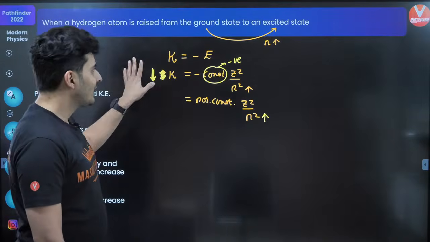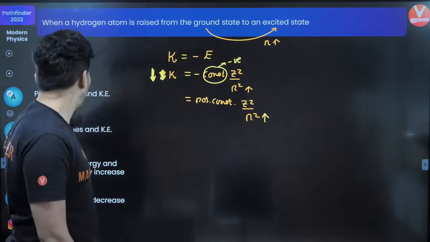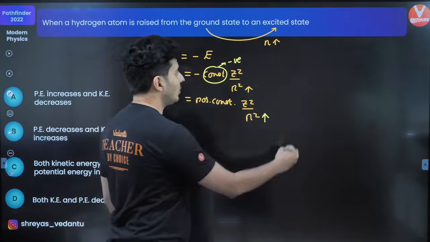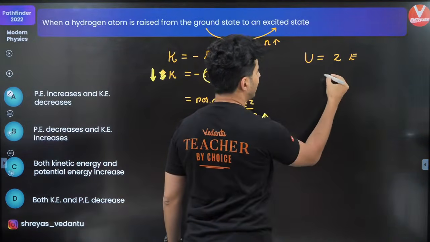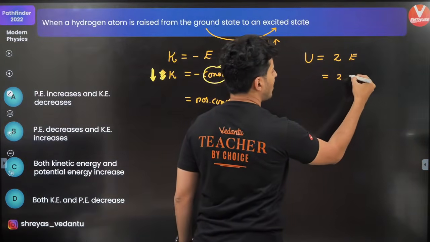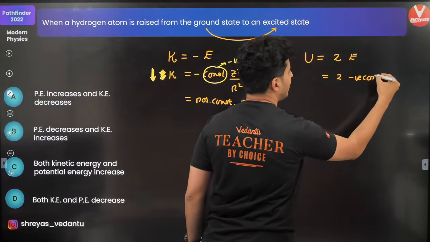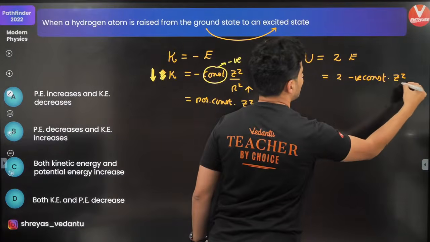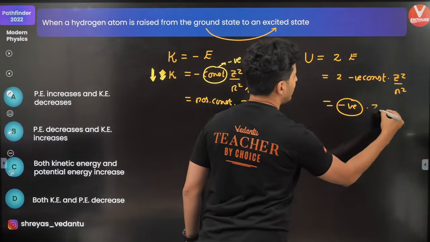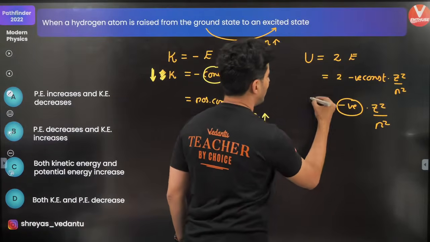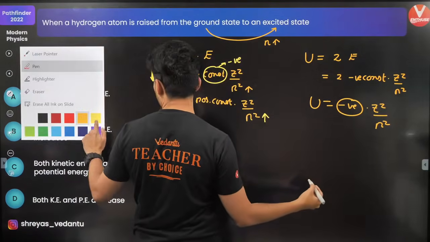Similarly, now you can attempt for the potential energy. So, potential energy is 2 times of the total energy. So, this will be 2 times of that negative constant into z square by n square. So, it will be basically a negative number into z square by n square. Now you can guess what should happen.